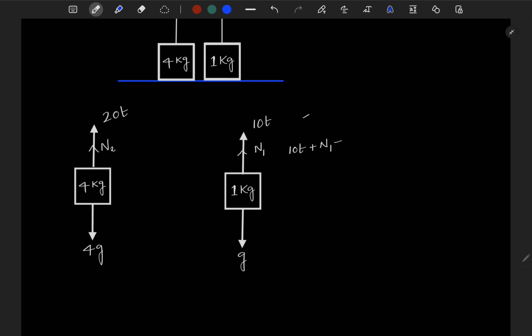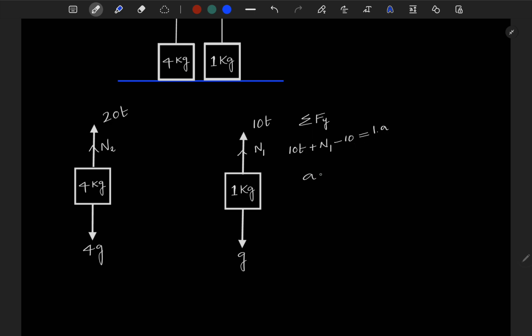It is like sigma Fy, adding all the forces along the y direction. So 10t and N1 in the upward direction, and g we can substitute as 10. This is the net force, and this is equal to mA. m is the mass of this 1 kg, so I can write 1 into A, the acceleration of the 1 kg block.